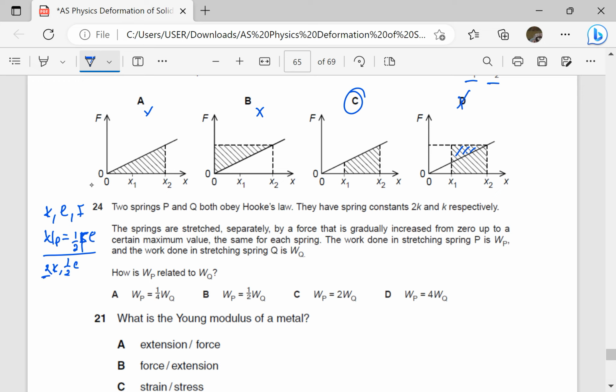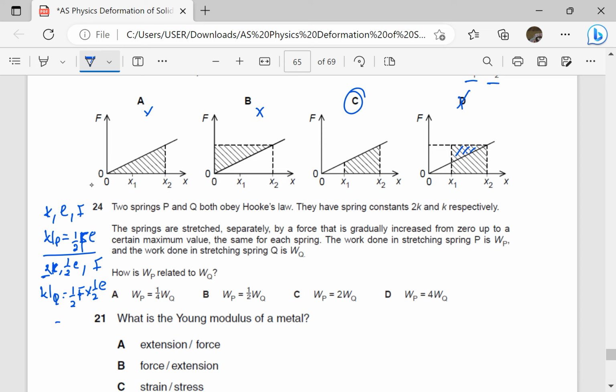Remember we said we just look at the coefficient of k and we get the reciprocal to get the total extension. Then the same load is applied, F. So it means the work done for this Q is going to be a half, then times F, then times the extension, which is a half e.